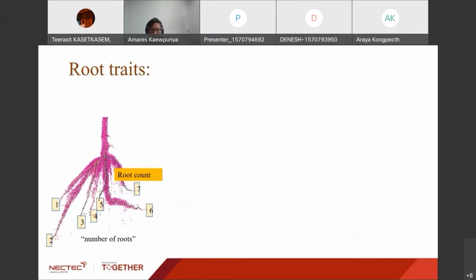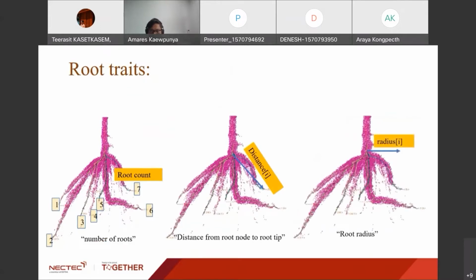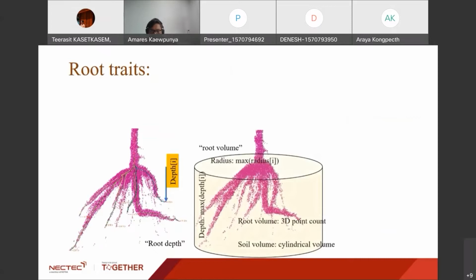Morphological measurements can be calculated from the root skeleton, including the number of roots, distance from the root node to a root tip, root radius, root depth, and root volume.